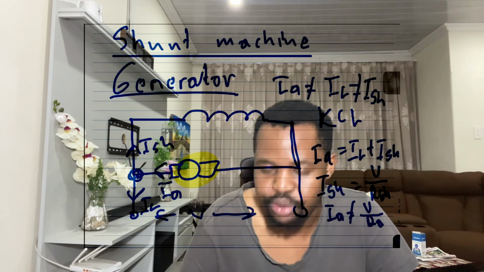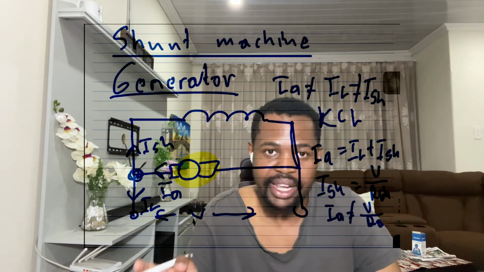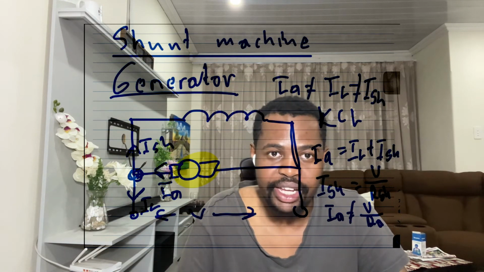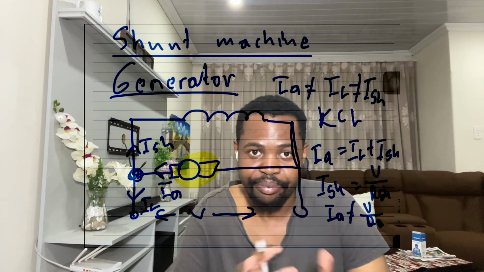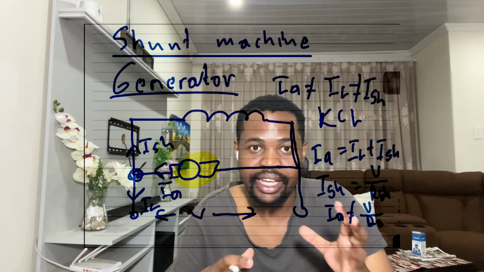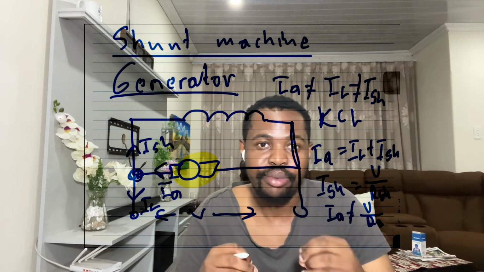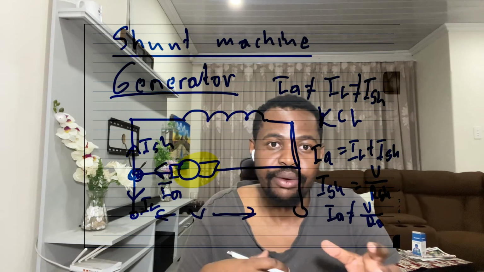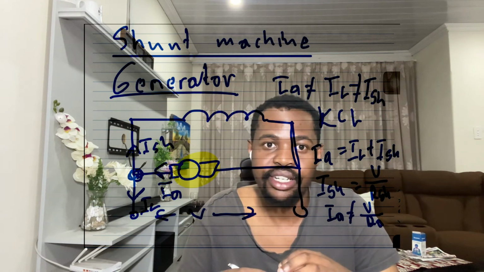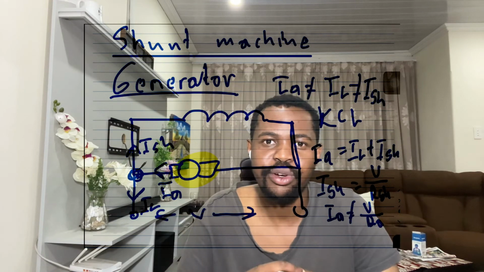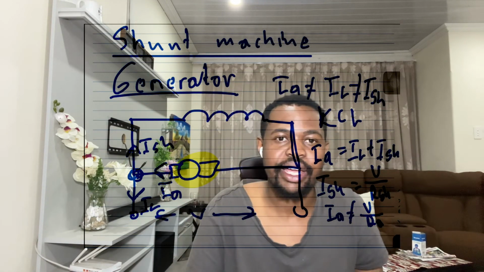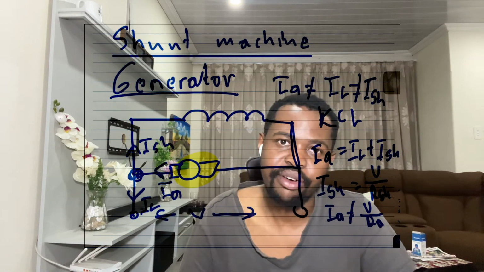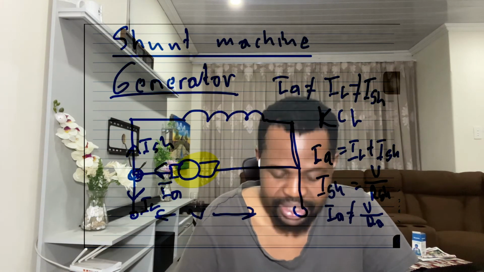I will explain in future why you don't use that equation, because it is more based on the armature when it's rotating. When you talk of a motor, it's more based on the effects of the back EMF. But for now, please don't use that equation.